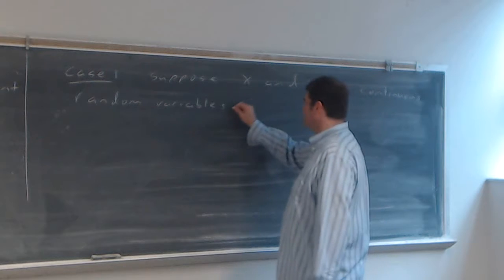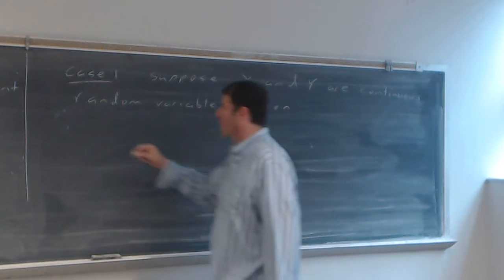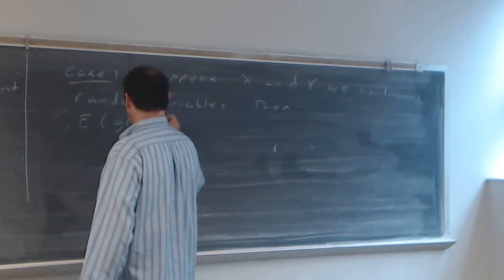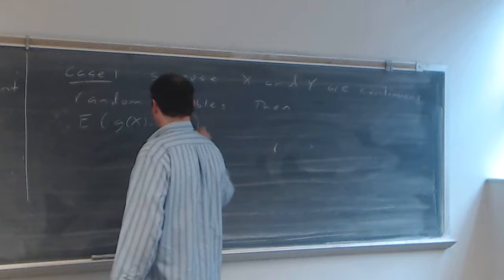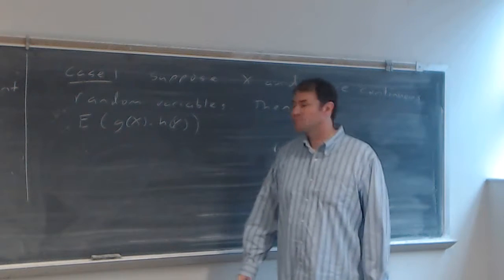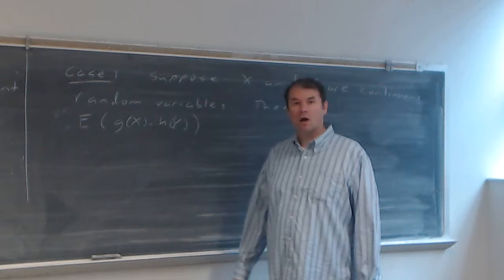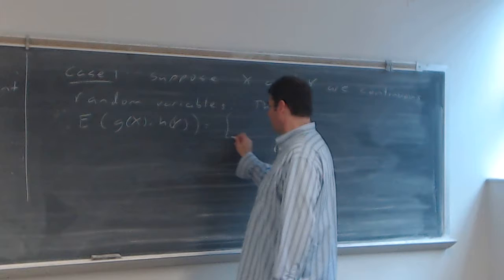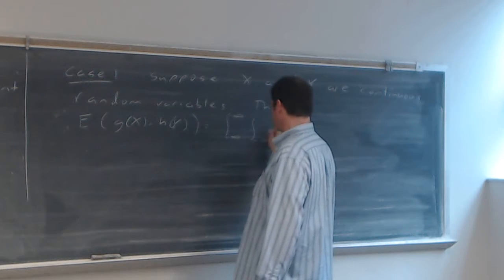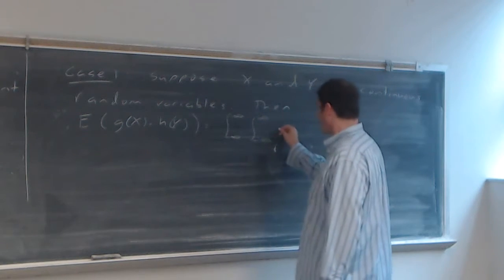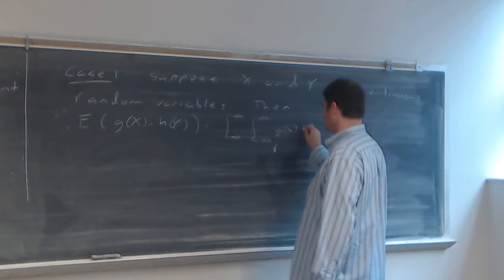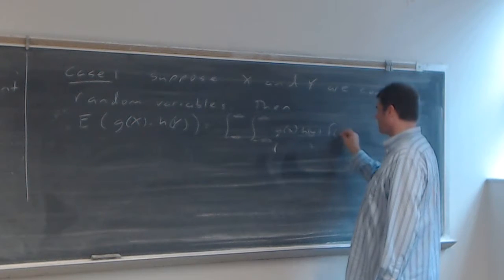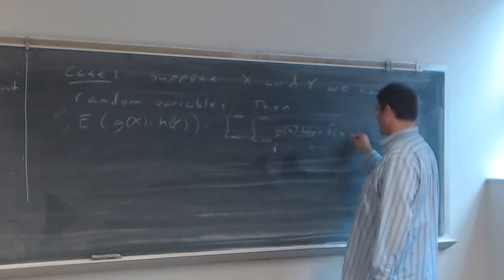Okay. Then the expected value of g of x times h of y, we could think of this as a function of the random variables x and y. And so the expected value is going to be the integral from minus infinity to infinity, minus infinity to infinity, of this function, which I'll rewrite as g of x times h of y, multiplication of the functions, and then the joint PDF f of x comma y.